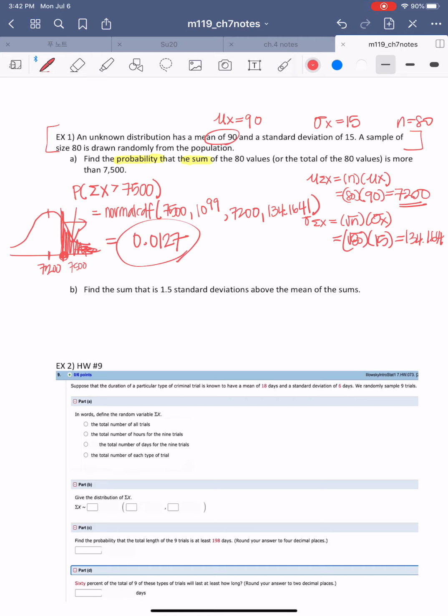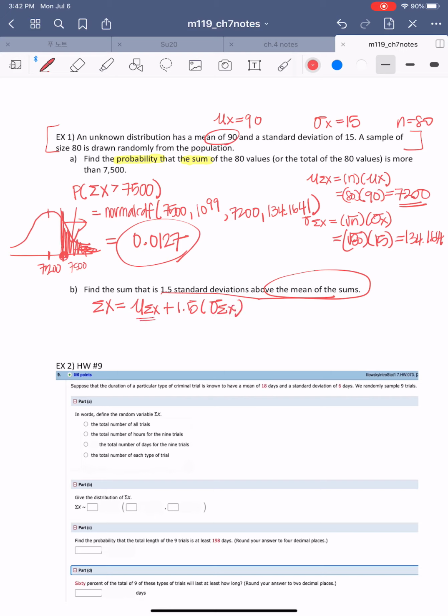Find the sum that is 1.5 standard deviations above the mean of the sum. Okay, so we're looking for some sum value such that you have 1.5 standard deviations above the mean of the sum.